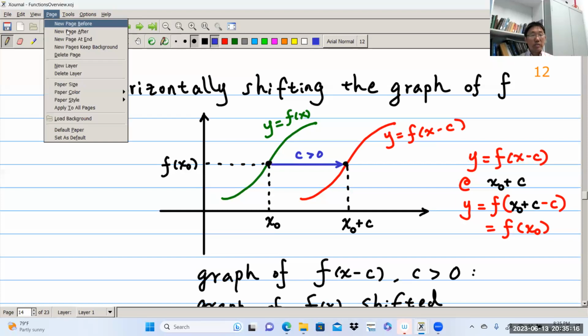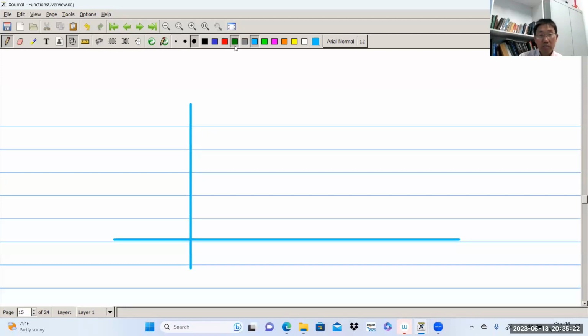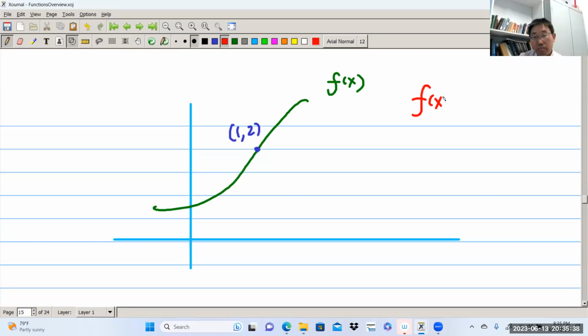To understand the reason here, suppose this is my f of x. Now suppose I have a point here, which is 1 and 2. Suppose this is a point on f of x. Now I have a new function, suppose I call it f of x minus 1.